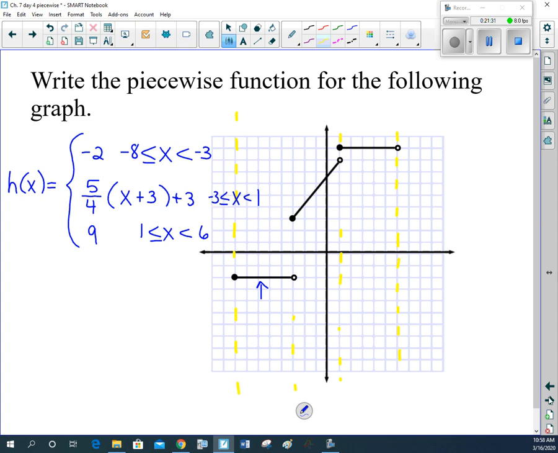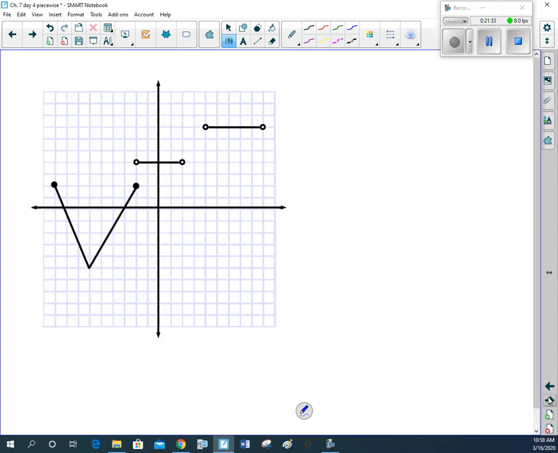We'll do this one more time. So for this one right here, I'm going to put my boundary lines in just so I can see what I'm working with. Got one right here, one right here, one right here. Okay, I'm looking at this V shape right here.